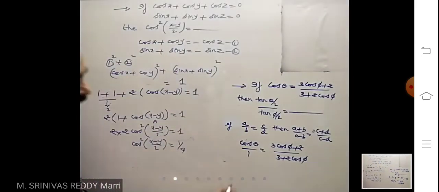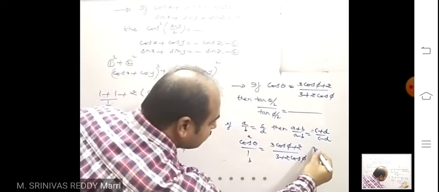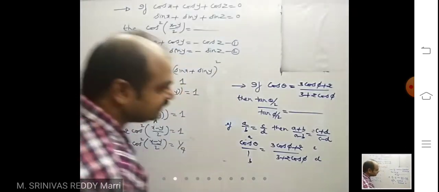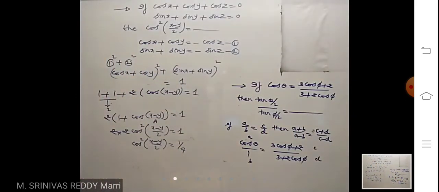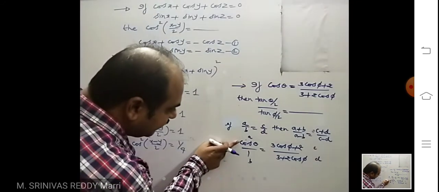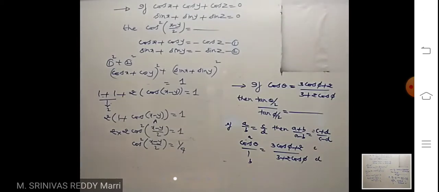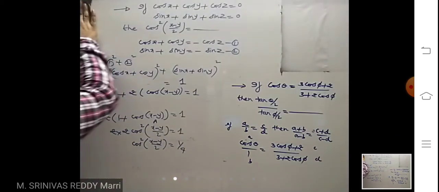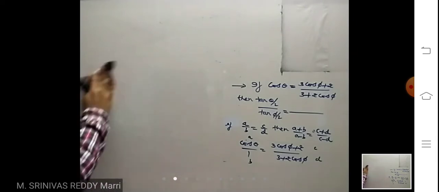Now this is A, this is B, this is C, this is D. So A by B equals C by D. Now apply componendo and dividendo, because whenever a combination with cos is there, like 1 plus cos theta and 1 minus cos theta, if you apply componendo and dividendo, then you will get a direct formula.